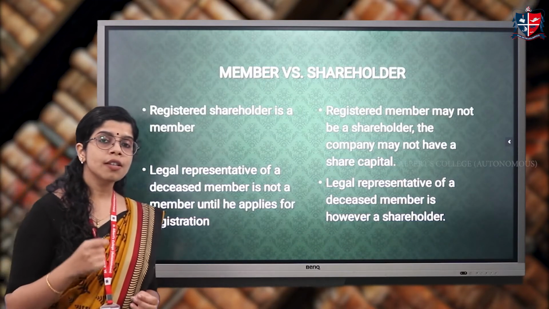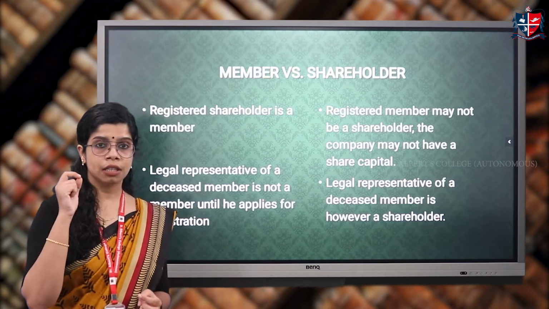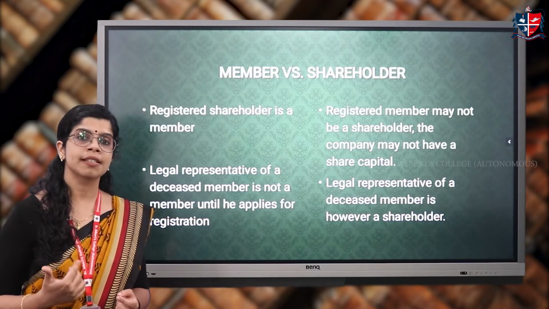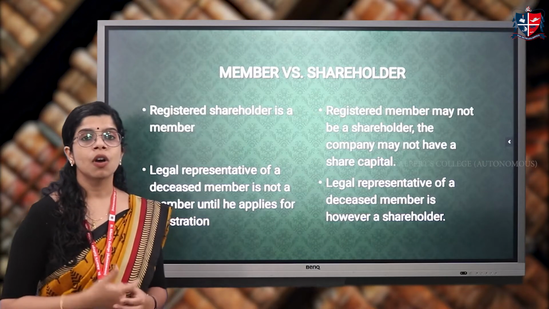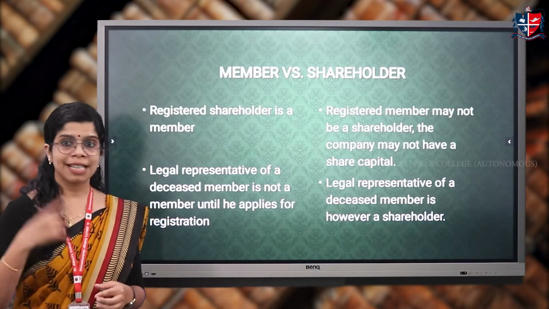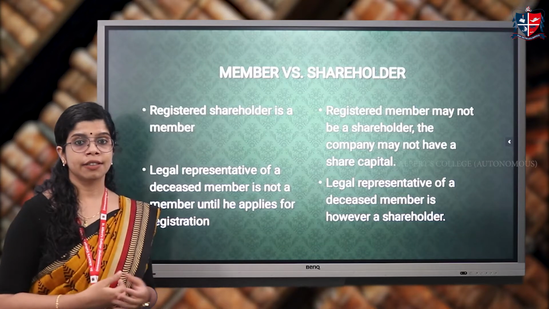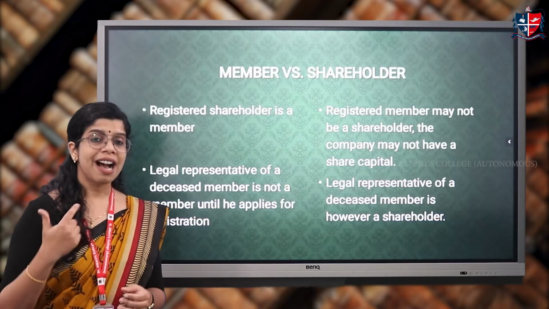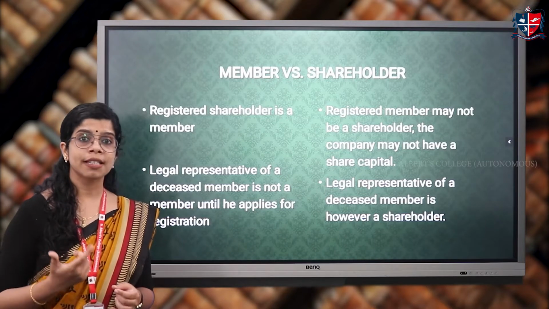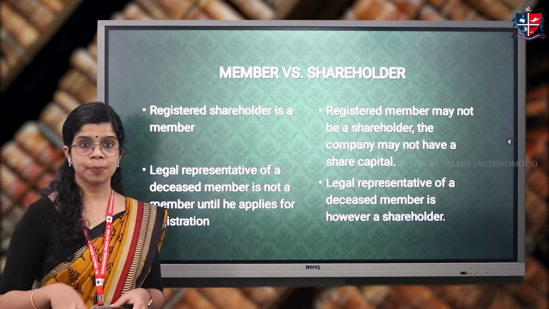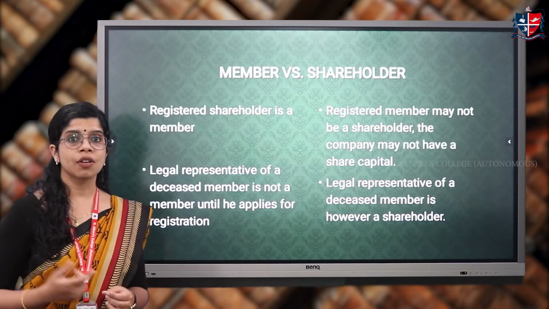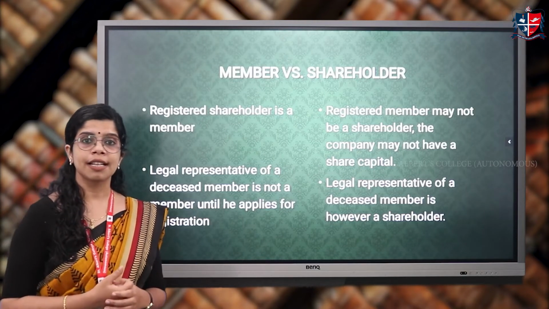Just because a member is deceased doesn't mean that the legal representative becomes the member of that company the next day after the death. He has to apply for registration. Unless he informs the company about the death of the person and applies for registration, his name is not entered in the register of members.